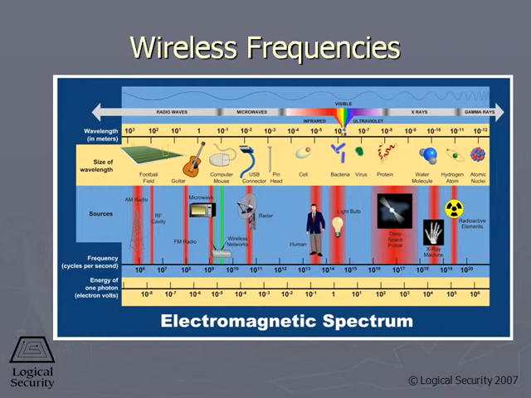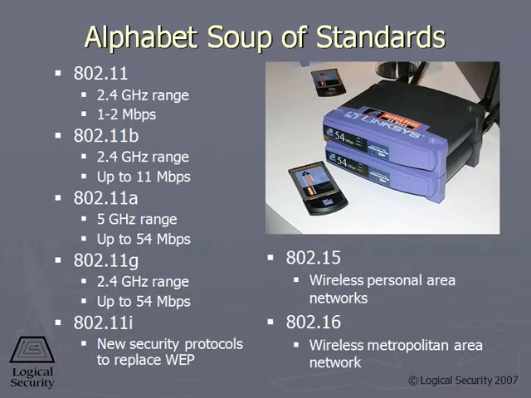We're operating in the range of about 4 inches long for a 2.4 gigahertz system, about 2.5 inches long for a 5 gigahertz system. As I indicated, IEEE wrote a series of standards based on 802.11 that are used to define wireless networking for data communications on your networks.